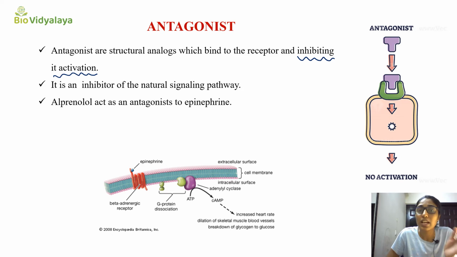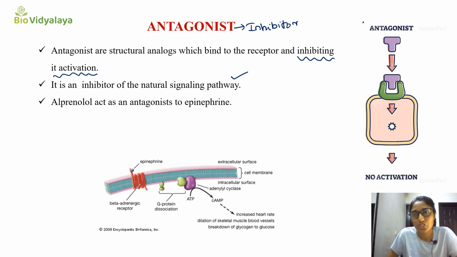If receptor activation is not occurring, the cellular response will not occur. That will inhibit the normal signaling pathway. So an antagonist is an inhibitor of the natural signaling pathway.